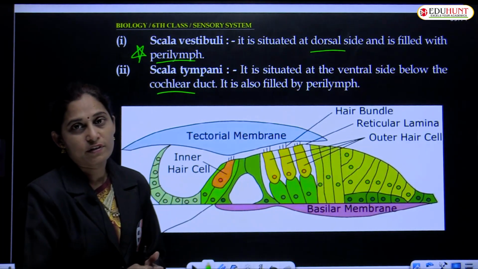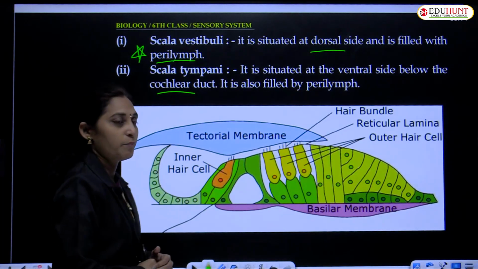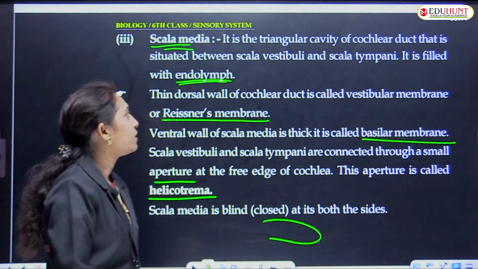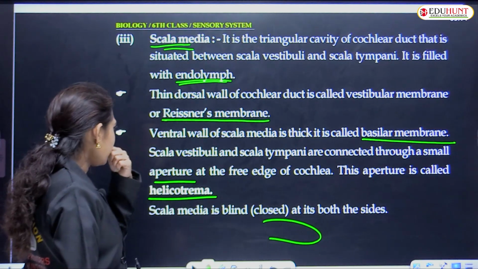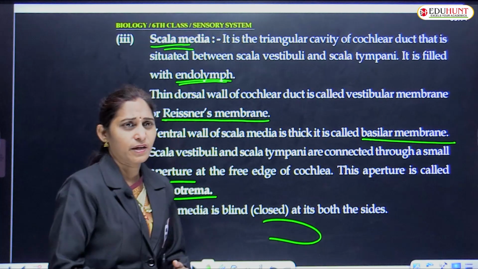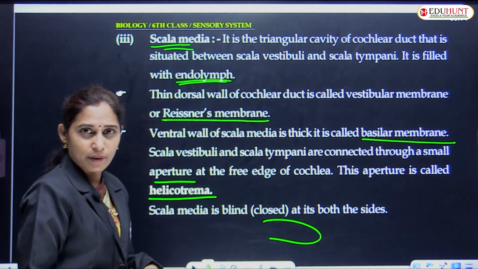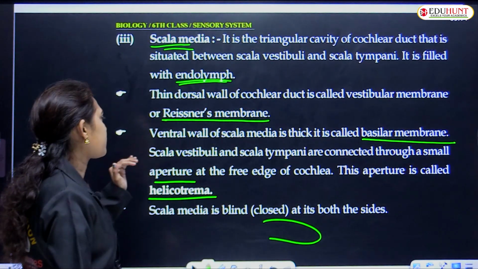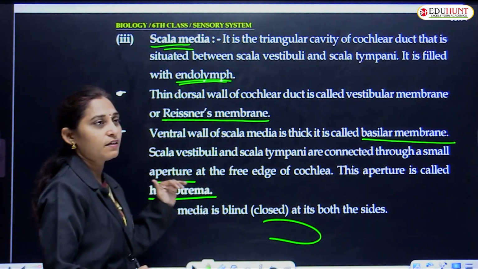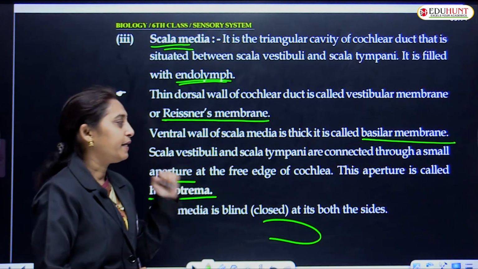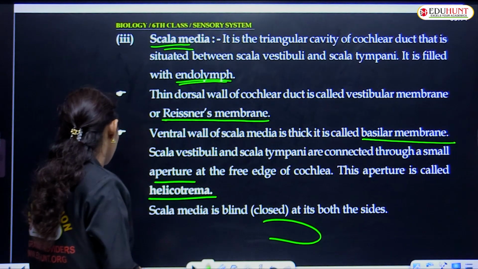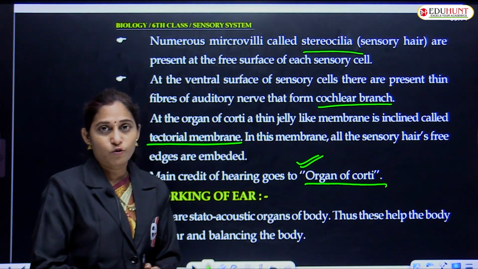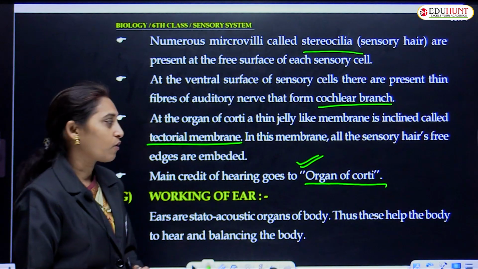It is also filled with perilymph, but the scala media consists of endolymph. And there is Reissner's membrane, that is the vestibular membrane, and also there is the basilar membrane. All these membranes are present in the scala media. Yes, the main credit of hearing goes to the organ of Corti.